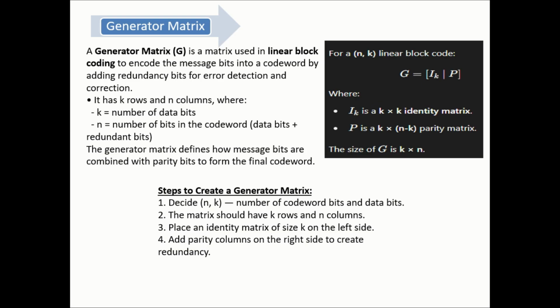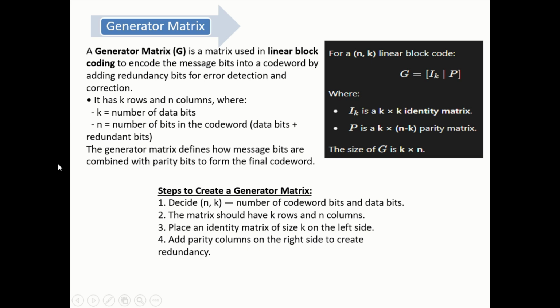So this is our generator matrix. What is a generator matrix? A generator matrix is a matrix used in linear block coding to encode the message bits into a code word. We already have seen one example of how the generator matrix is calculated with the message bit, creating a code word which is sent through wired or wireless communication, by adding redundancy bits for error detection and correction.